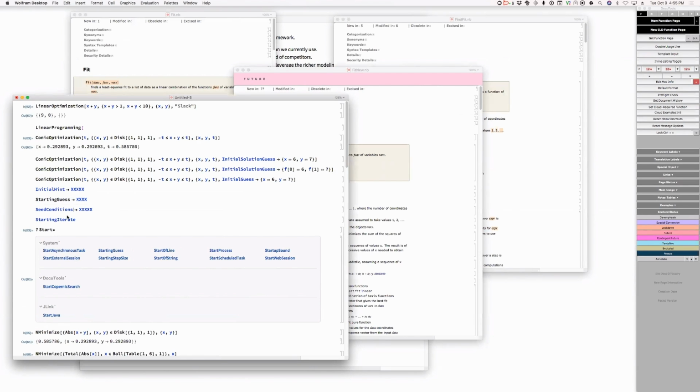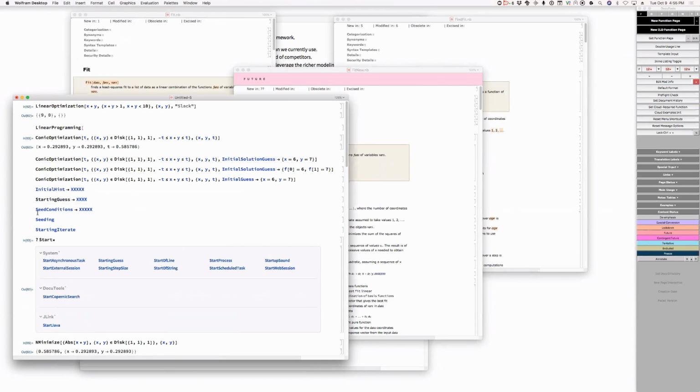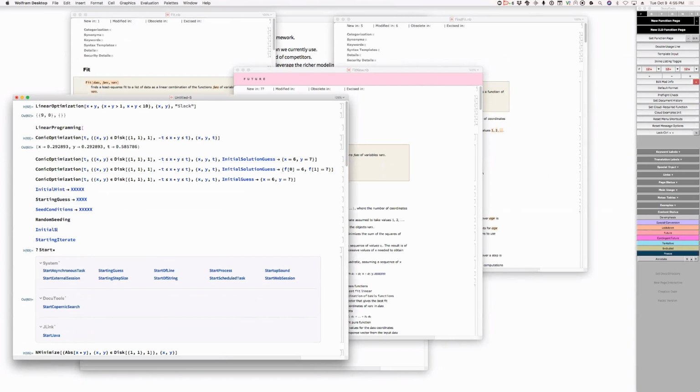How about, so we have random seeding, right? What about initial seeding? And then you say initial seeding is X is 6. That's fine. I'm reasonably happy with that.